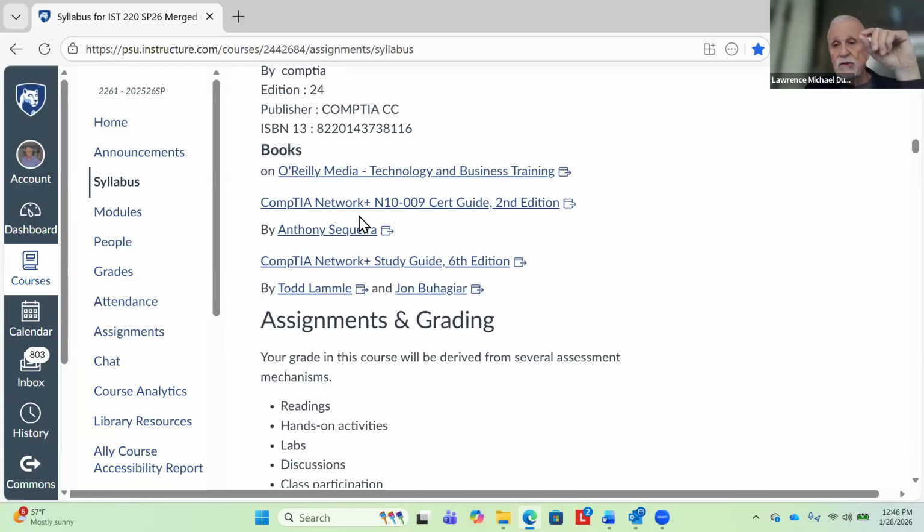If you want to go a little bit further, there is a free text on O'Reilly.com where you can pick up information if you're interested in networking technology. These CompTIA cert guides are on O'Reilly.com and are free through your Penn State ID. You can do that.